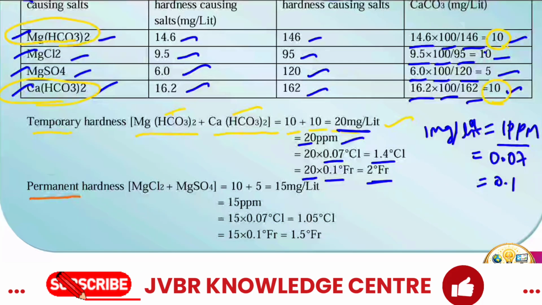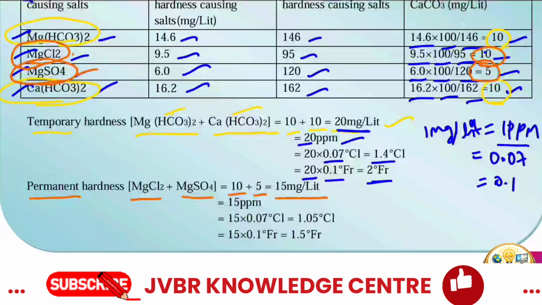And coming to permanent hardness producing salts, they are magnesium chloride and magnesium sulfate. Then write the formulas: magnesium chloride hardness is 10 milligrams per liter and magnesium sulfate hardness is 5 milligrams per liter.